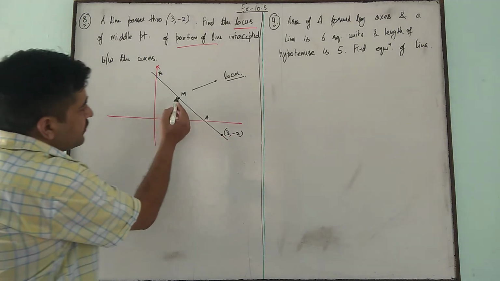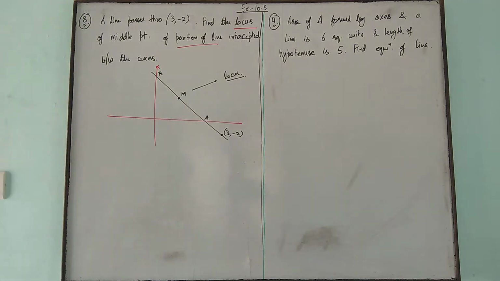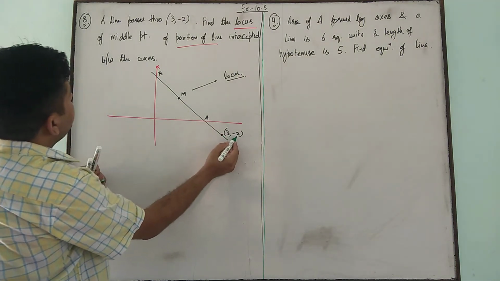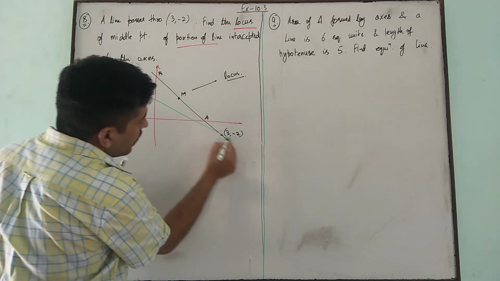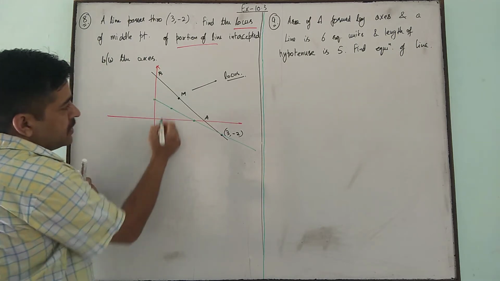So the line can be like this. It can be like this also. It passes through (3, -2). Then in that case this will be the middle point.